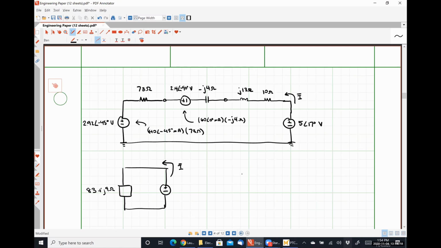So my equivalent voltage, let's just call it VEQ phasor, will be 5 angle 17 degrees volts plus 2.4 angle minus 90 degrees volts minus 2.92 angle negative 45 degrees volts.